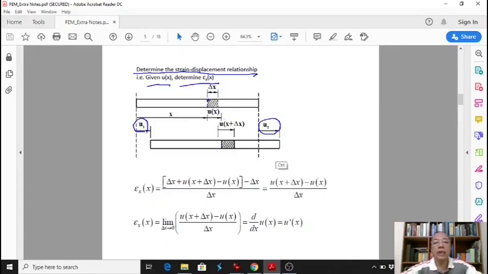We consider one small element of length delta x, where x is the position of this side. The position here is x, and the position here is x plus delta x.